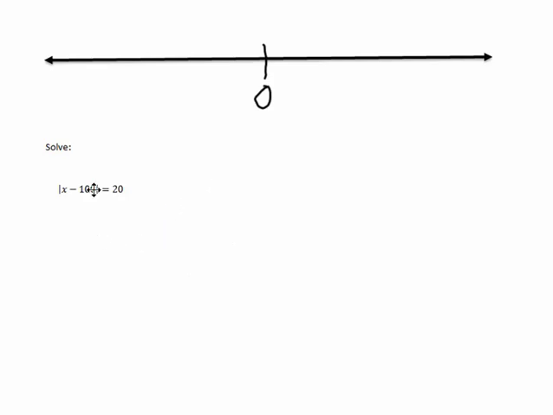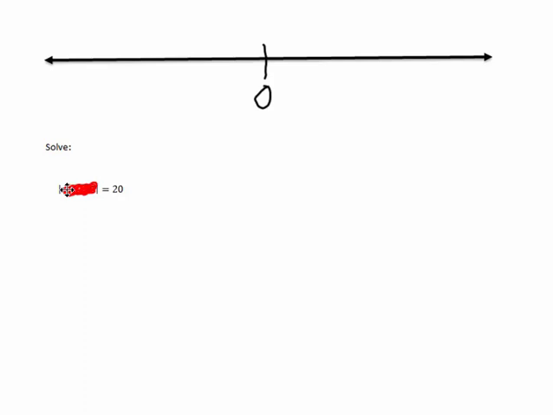Initially, I'm just going to ignore all this for now. What I want to pay attention to is the fact that we have absolute value bars. What I've covered up in red is the absolute value of this stuff, whatever it may be, is 20. In other words, my distance away from 0 is 20.